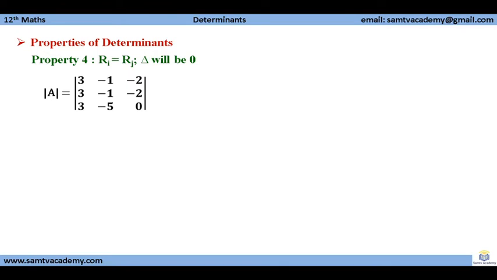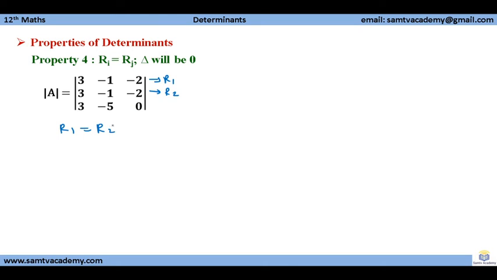Now property 4. Here we see that these two rows are the same. R1 is equal to R2. Here in this determinant, R1 is equal to R2.